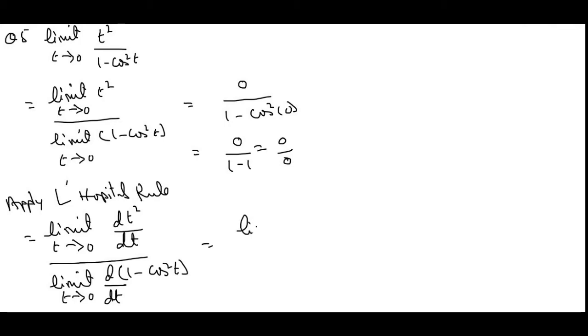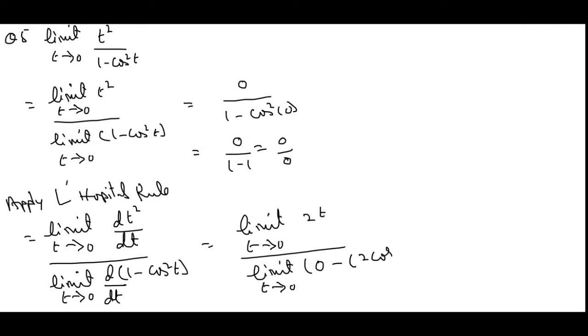So limit t approaches 0, 2t whole divided by limit t approaches 0, this is 0 minus, and we have 2 cos t, and the derivative of cos t is minus sine t.